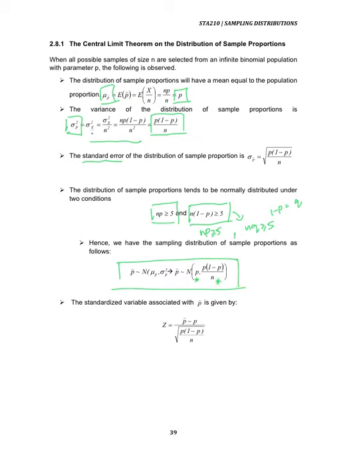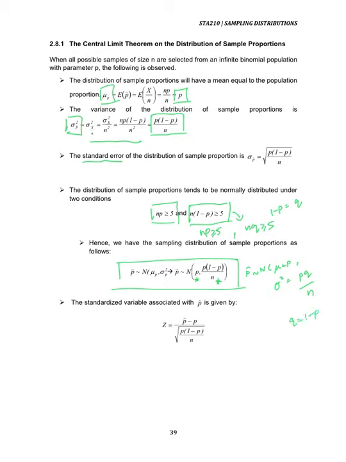Ataupun p hat will be normally distributed with mu equals to p, variance equals to pq over n, yang mana q tu adalah 1 minus p lah.